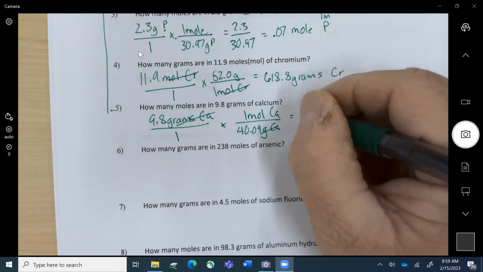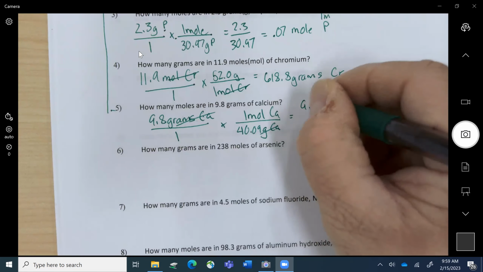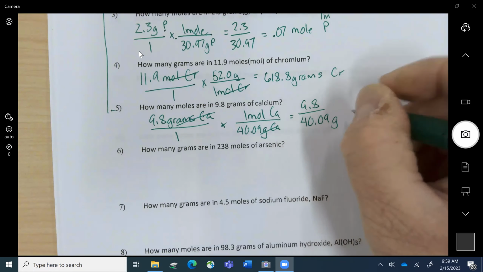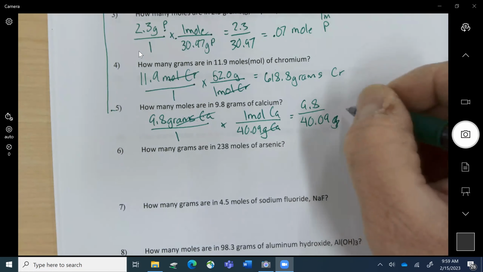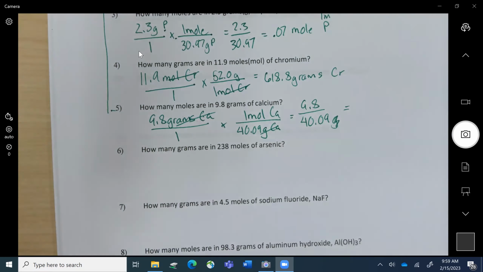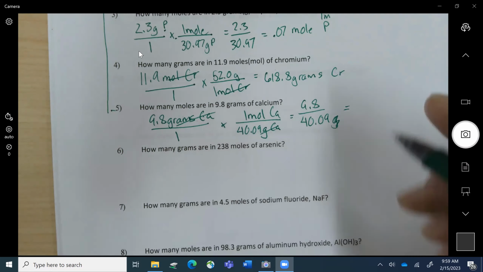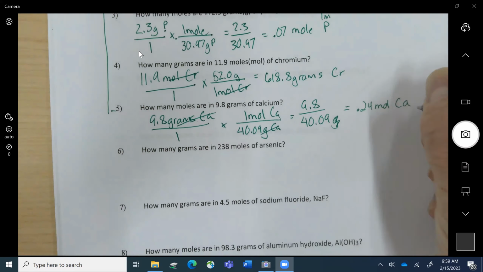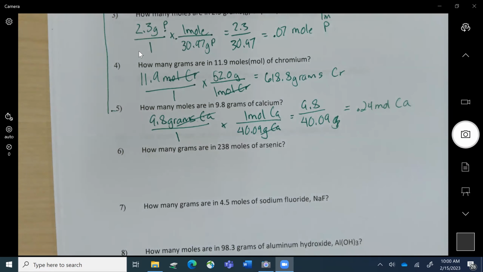The grams of Ca cancel. 9.8 divided by 40.09 gives me 0.24 moles of calcium. All right.